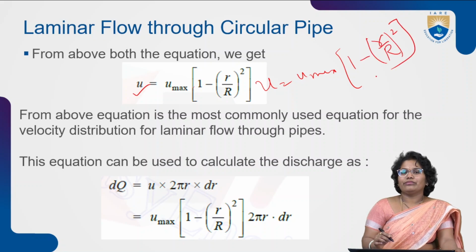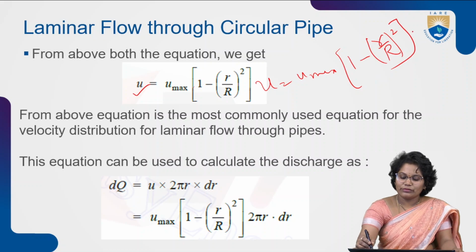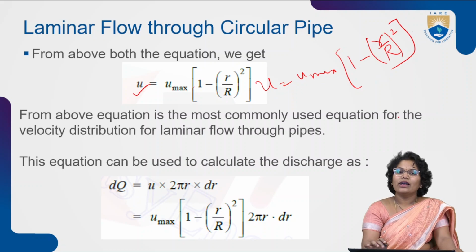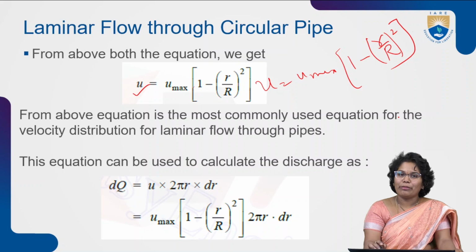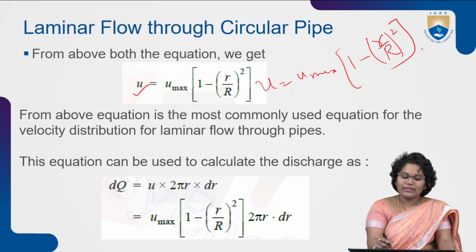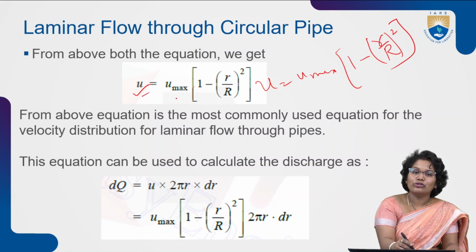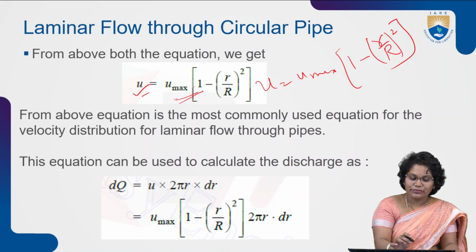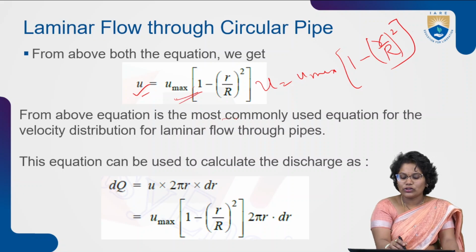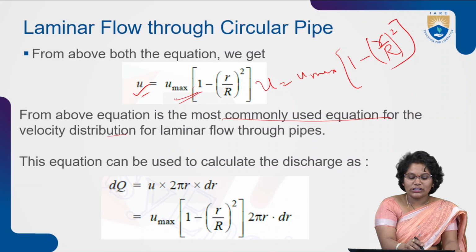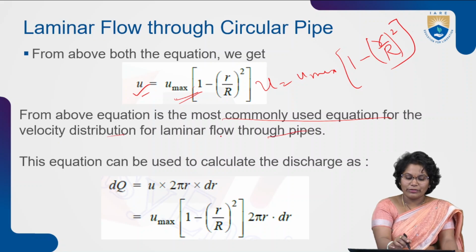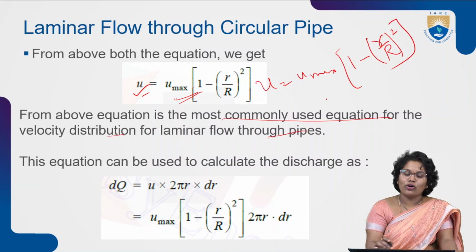So u is equal to U max into 1 minus r by capital R whole square. This is the velocity in terms of U maximum, the most commonly used velocity distribution for laminar flow through a circular pipe.